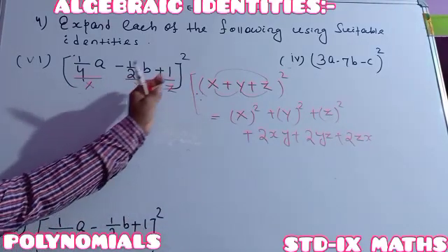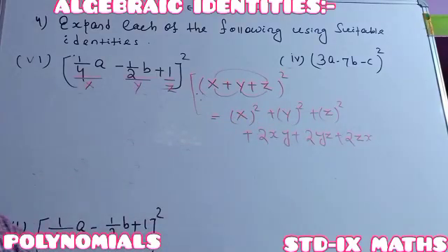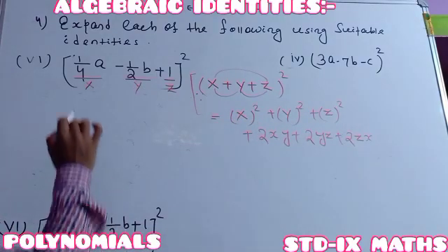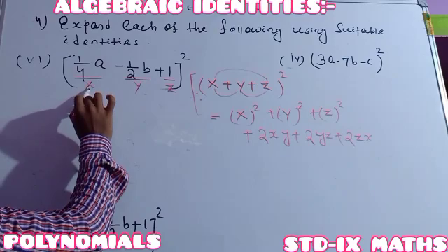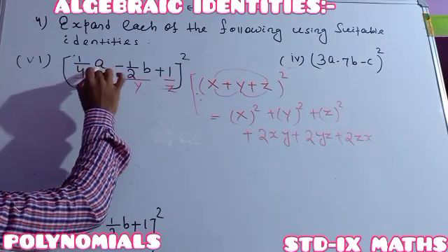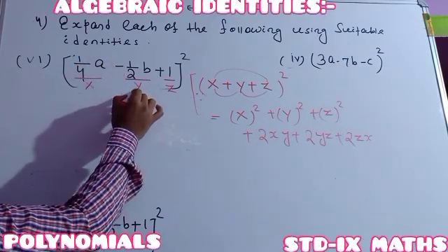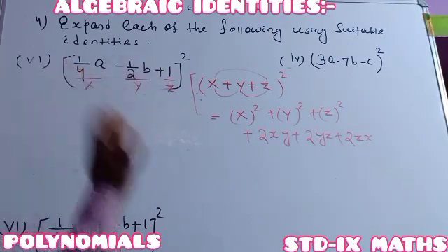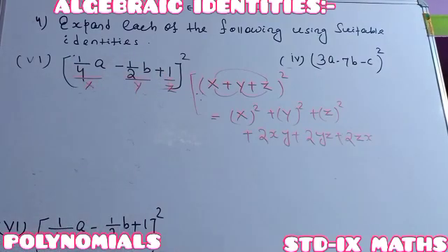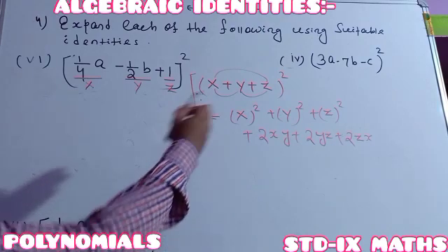And the (x + y + z) square formula is already known to you. But the important thing is, here x is 1/(4a) and y is minus 1/(2b). This is the important one, it is minus 1/(2b). And z is 1. You already know its expansion form.